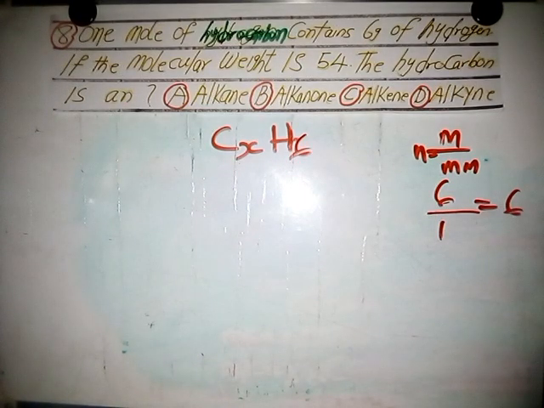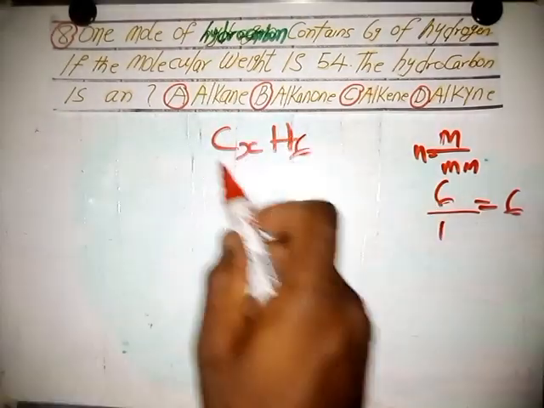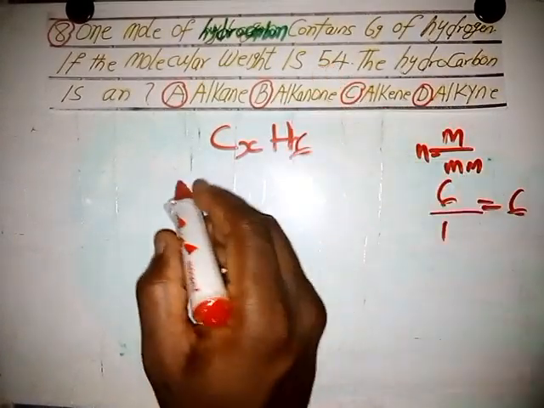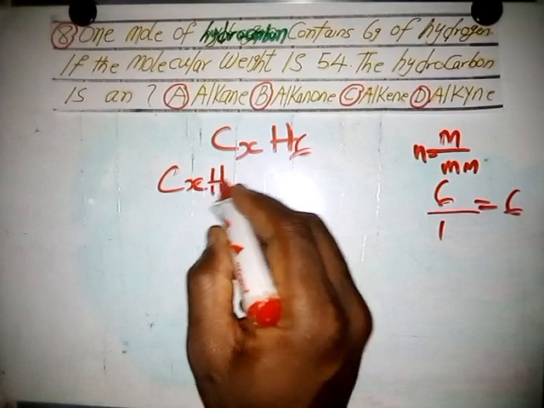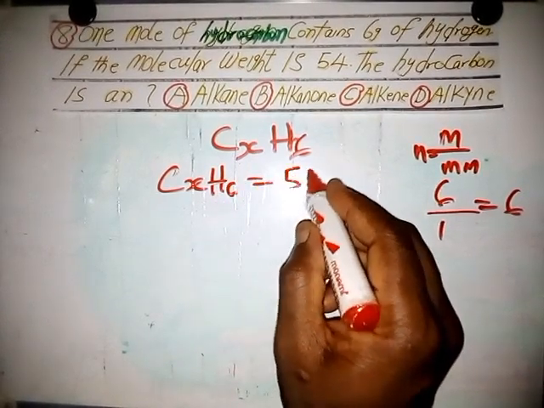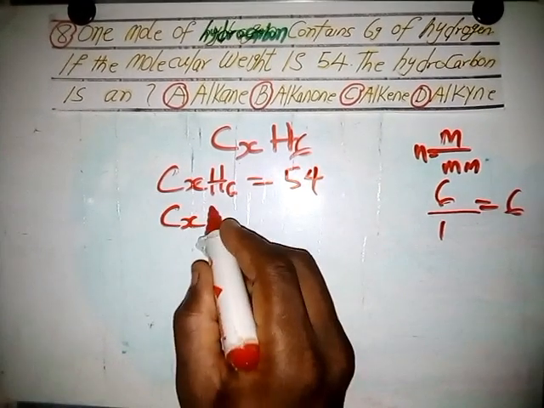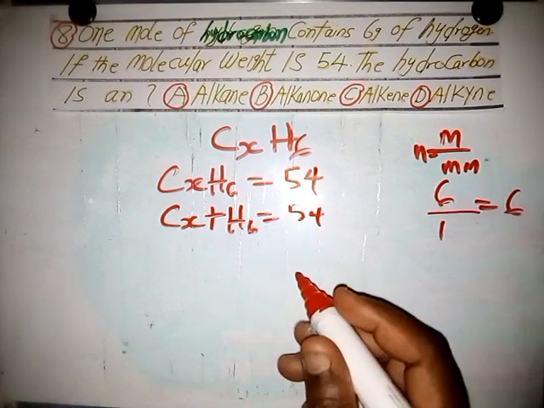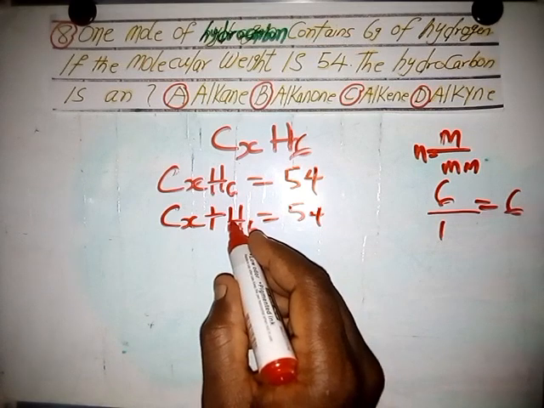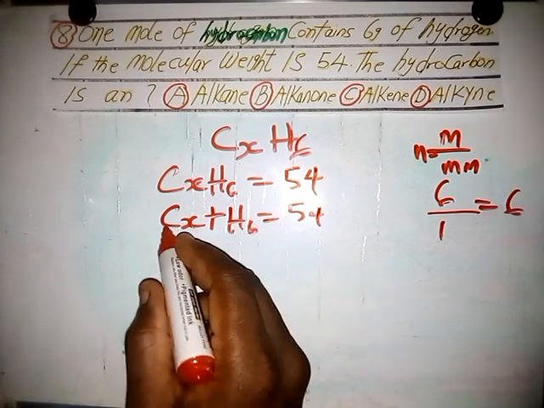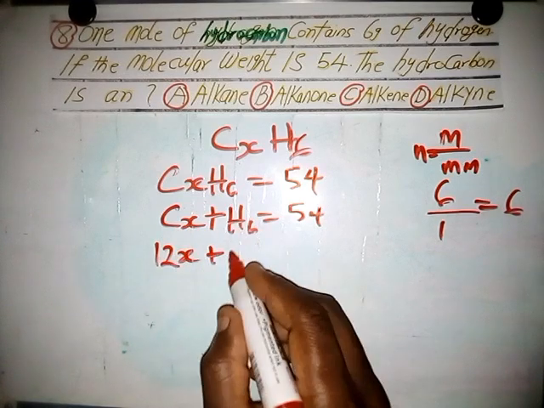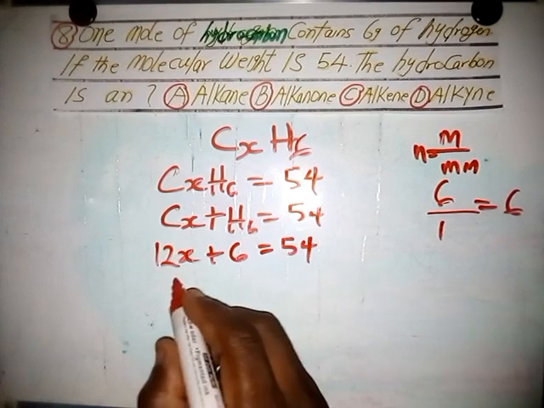So next thing you have to equate this formula to the molecular mass, which is CxH6 equals 54. Then you split this. This is something like Cx plus H equals 54. Then remember, hydrogen is 1, carbon is 12. This is like saying 12 times x, 12x, plus 1 times 6, 6, equals 54.